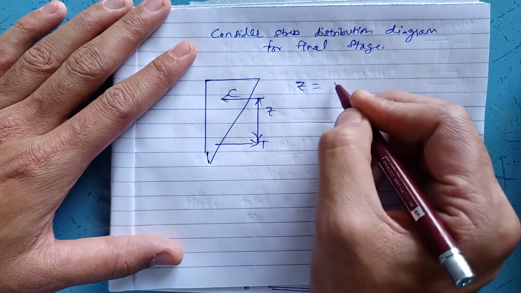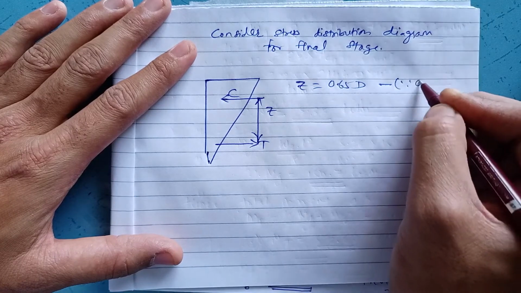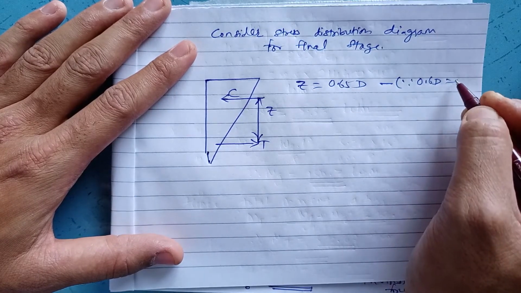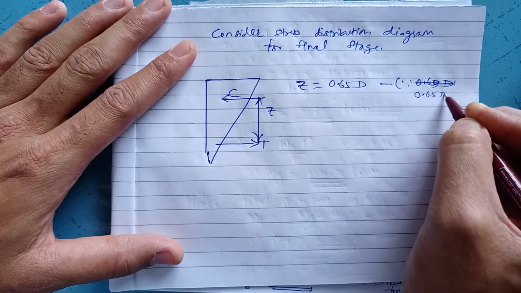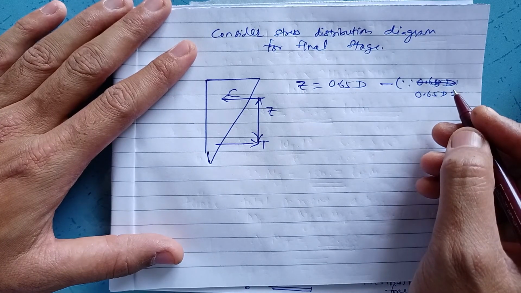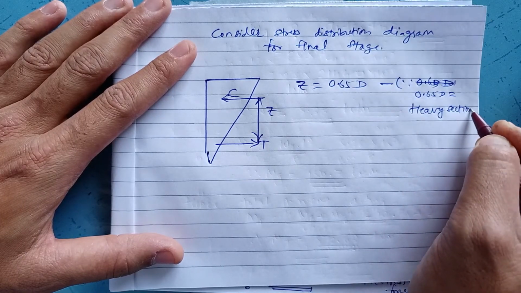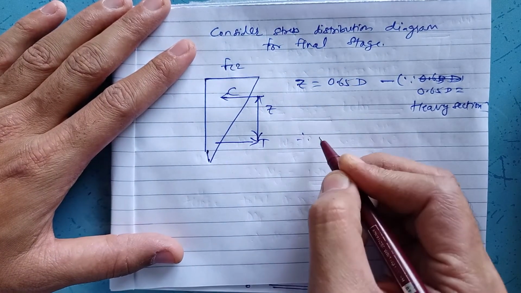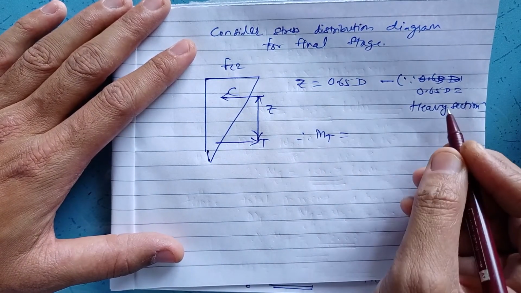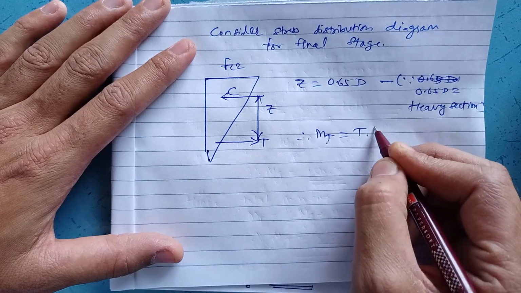Z here will be 0.65 D, because 0.65 D is for a heavy section. Hence for a heavy section the total moment will be considered. This will be the tensile force T, or you can say P, and Z.